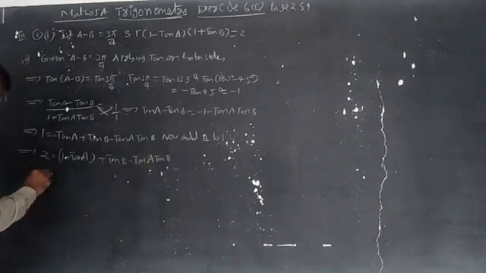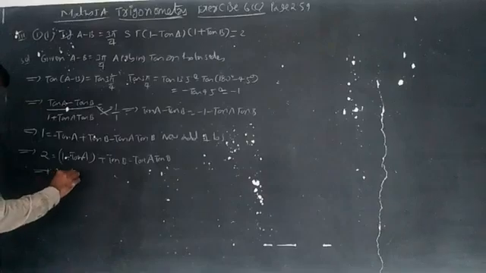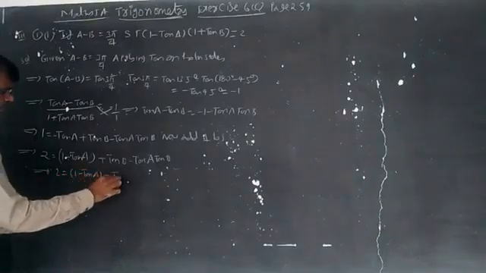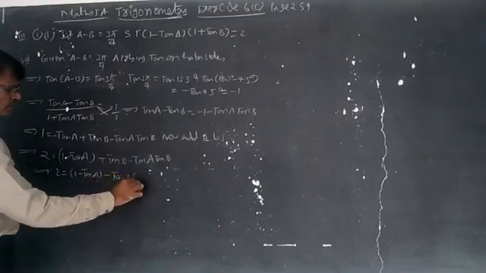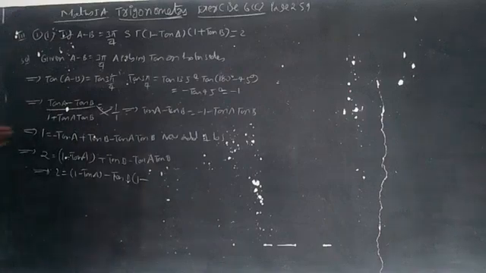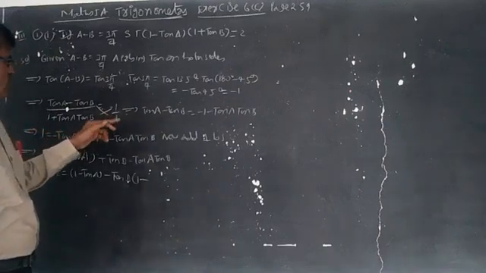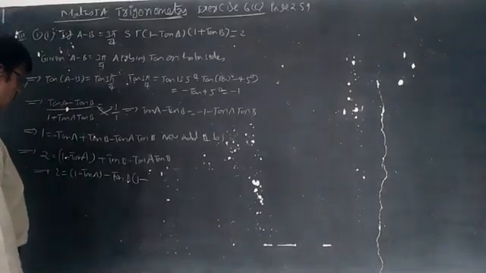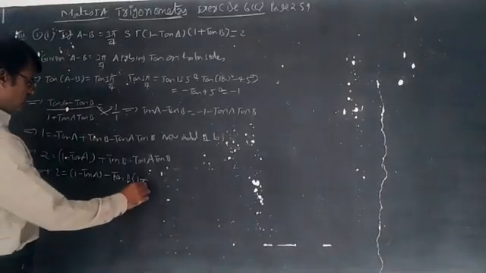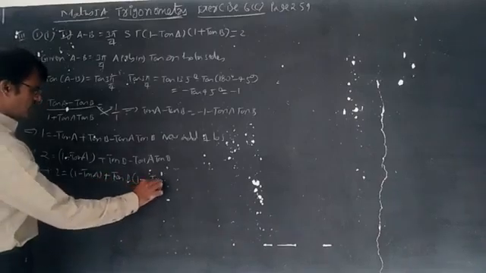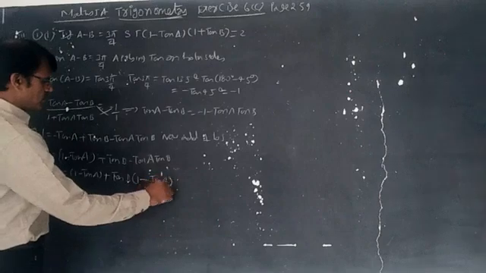That implies 2 is equal to 1 minus tan a minus tan b taken common. Within the brackets it becomes minus 1 minus tan a. Whenever tan b is taken common, we can write here 1 minus tan a.